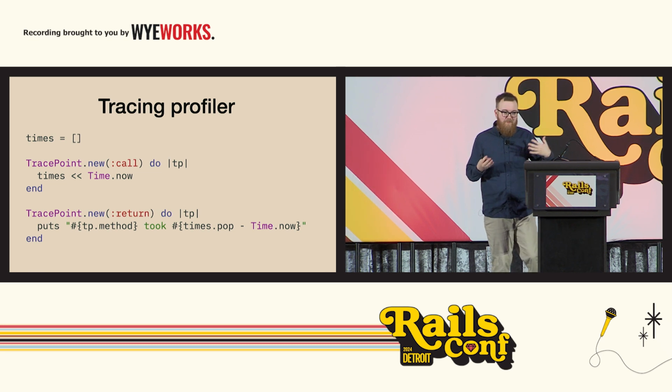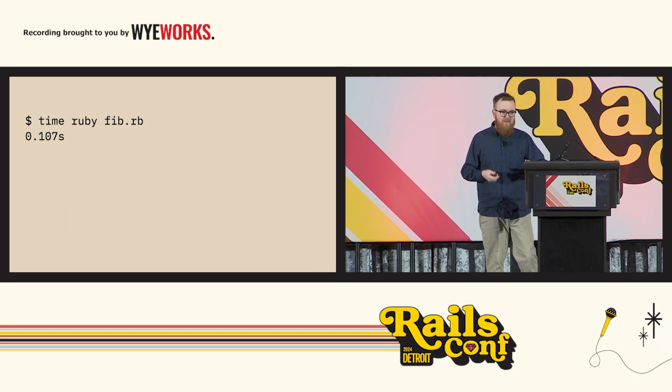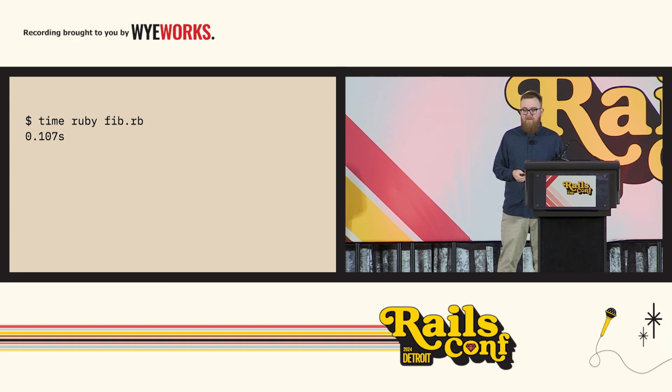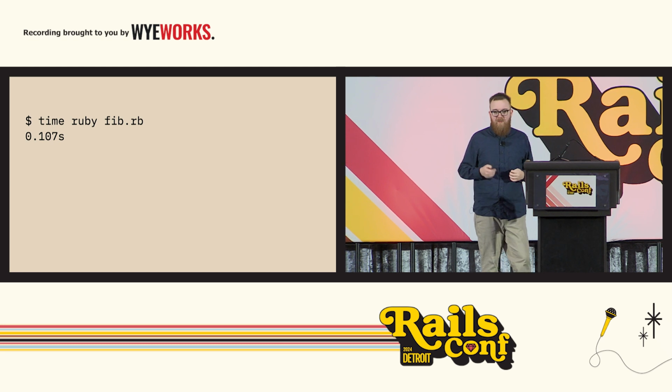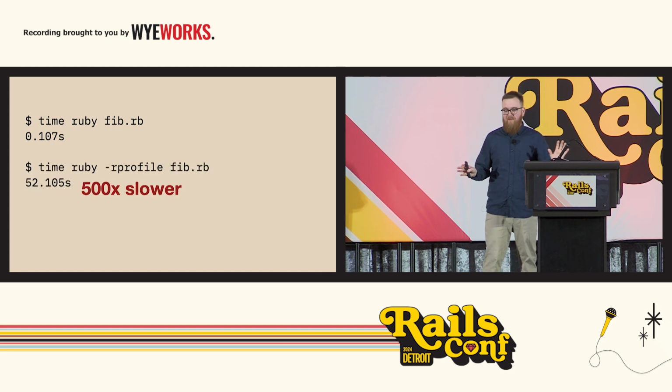The problem with this technique is that it can be a little slow. So, for example, with this recursive Fibonacci script I tried, running it without any profiling takes 0.1 second. But if we use profile.rb, which is the original profiler which at least used to ship with Ruby, it would end up 500 times slower.